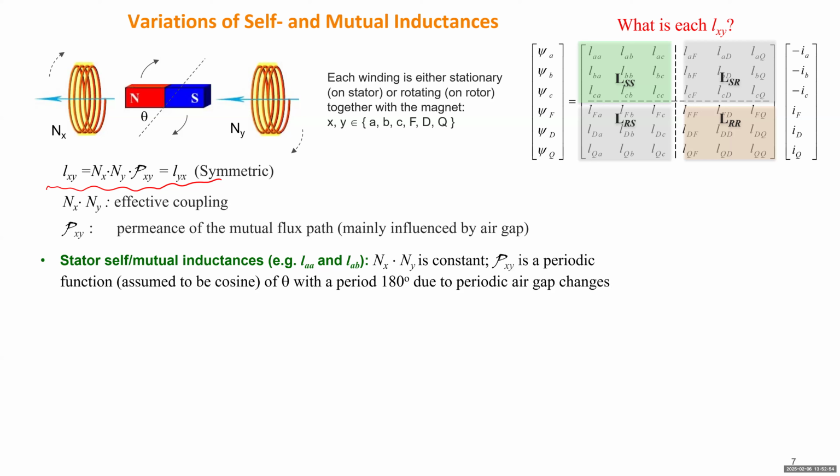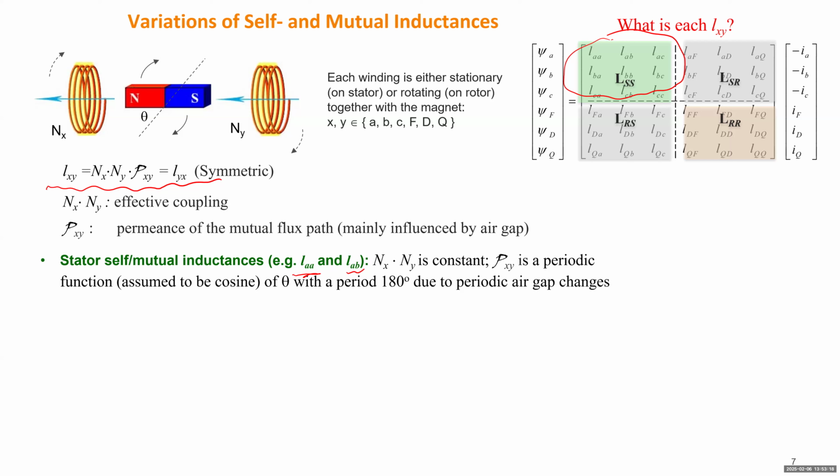Let's first take a look at the stator self and mutual inductance, the green block. Here all the subscripts are from A, B, and C. If it's a self-inductance, it will be something like LA. If it's mutual, it will be like LAB.